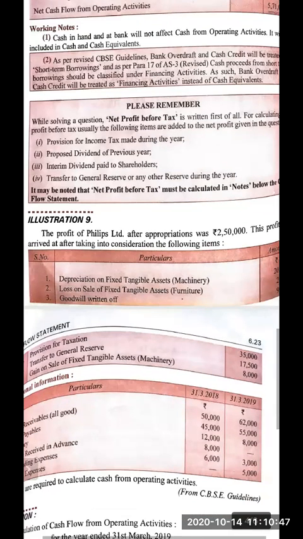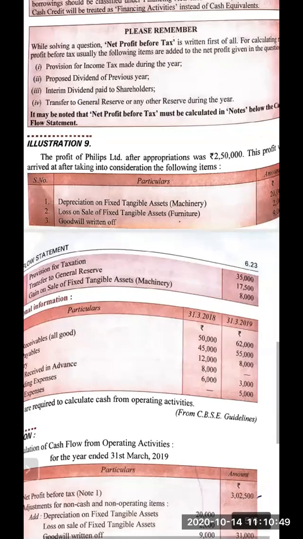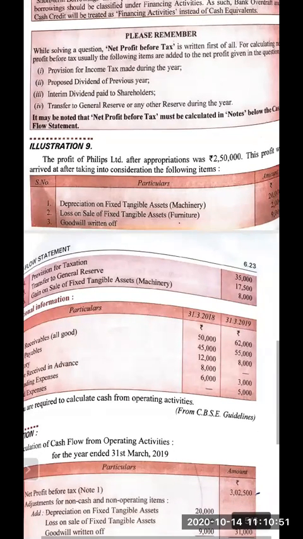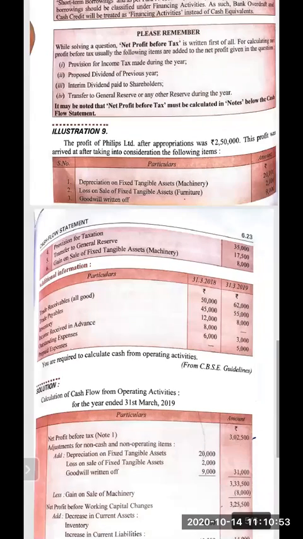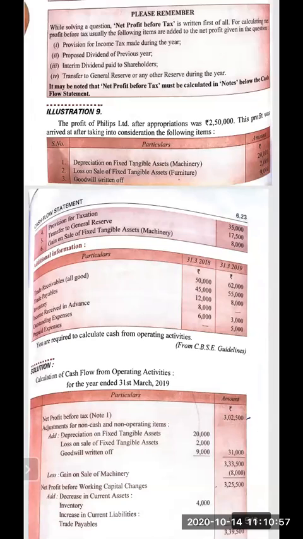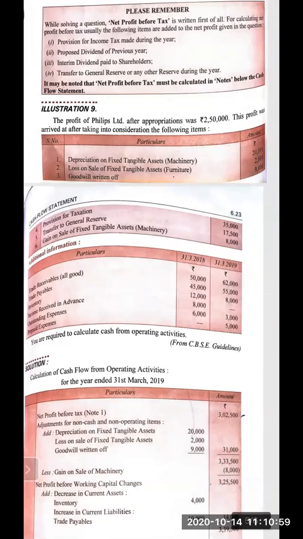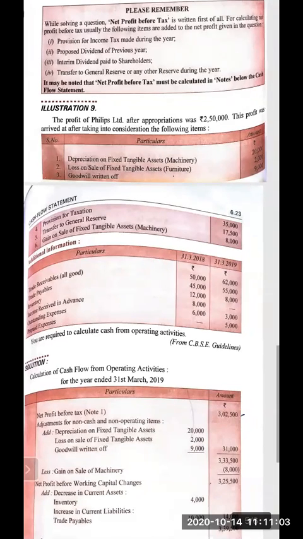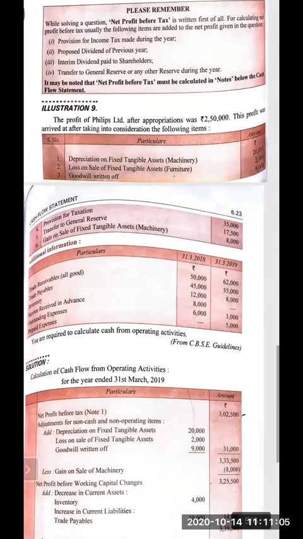Just look at illustration number 9, then it will be more clear. The profit of the Philips Limited after appropriation means the profit of the profit and loss appropriation account, after paying the tax, after making the provisions, after all this dividend has been paid. After distributing the profit, what is left with us is 2,50,000.